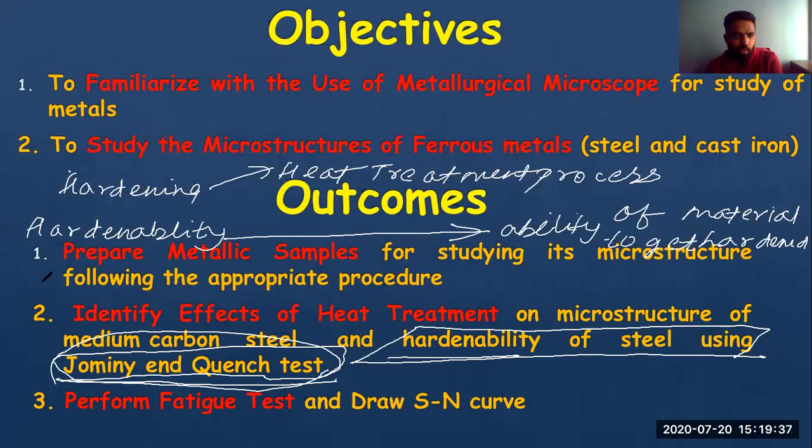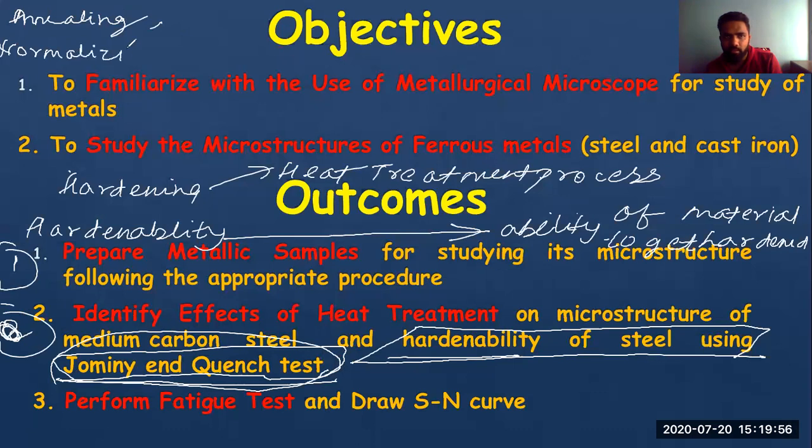One more thing: you have already seen that one experiment will be based on annealing. The first outcome will have only one experiment. Then the second outcome will have one experiment on annealing, one on normalizing, and one on, I think, tempering.